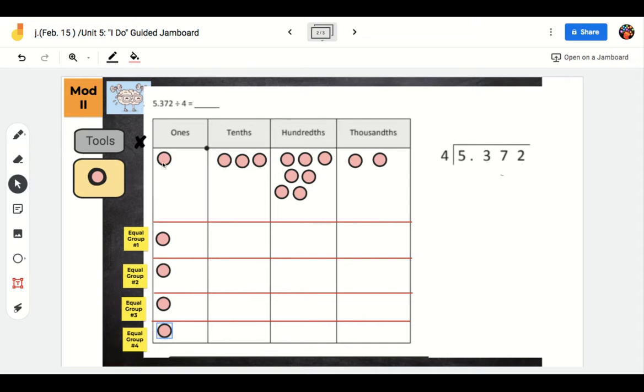Houston, we got a problem, right? I have a remainder left over. But what I do know is that I have 1 equal share in the ones place. So I don't forget it, I'm going to place my 1 here.